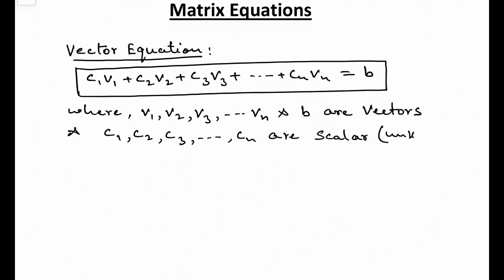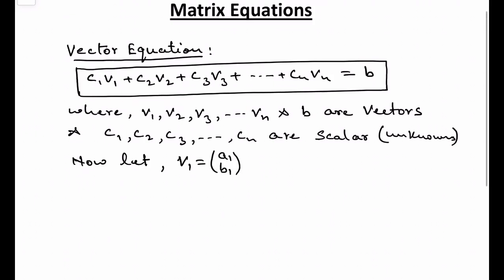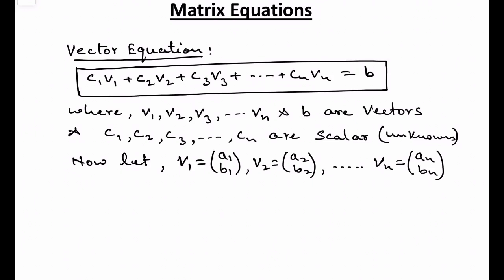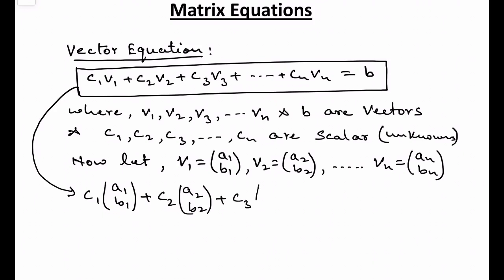So now let vectors v1 equal (a1, b1), v2 equal (a2, b2), and similarly vn equal (an, bn). Then this vector equation will become c1 times (a1, b1) plus c2 times (a2, b2) plus c3 times (a3, b3) plus up to cn times (an, bn) is equal to b.